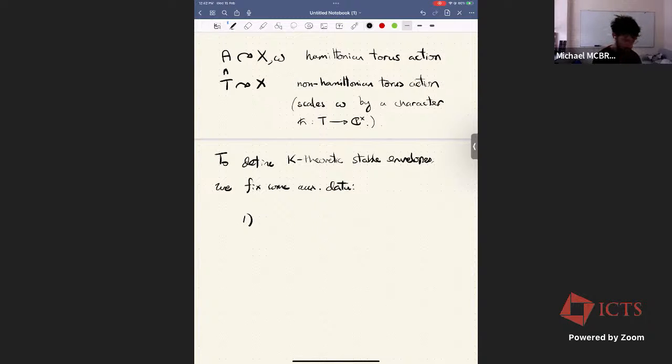So if you like, you can imagine you have A as Hamiltonian and T is A times C star, where C star scales the symplectic structure.